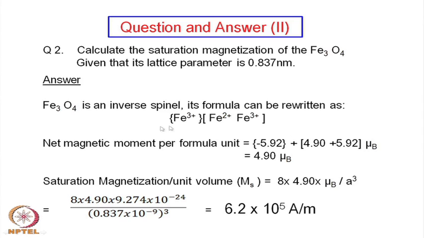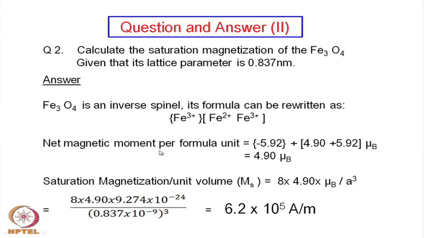Fe3+ is distributed between octahedral and tetrahedral. So, Fe3+ cancels and only Fe2+ remains actually.